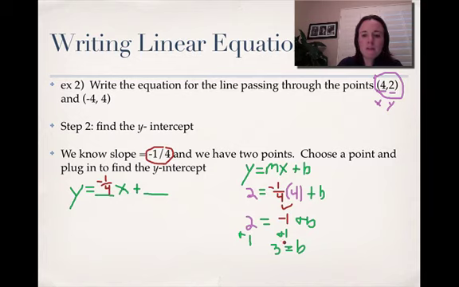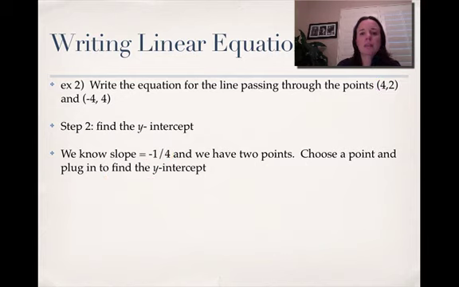We just solved for my b. My y-intercept turned out to be 3. So that's my entire equation. Y equals negative 1/4 x plus 3. And that's the equation for the line. Oh, I just erased it for you guys. Sorry. That passes through the points 4, 2 and negative 4, 4. So that was, b was 3.